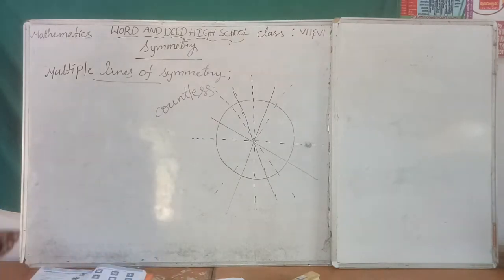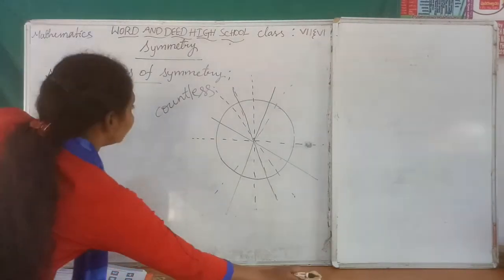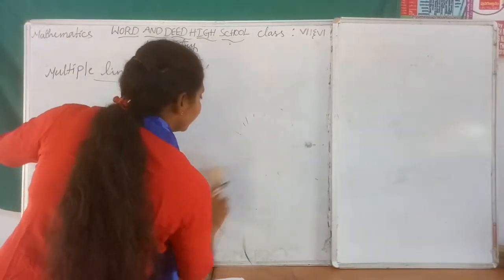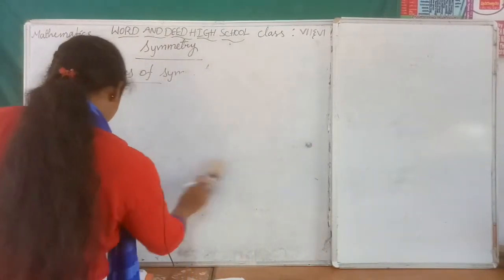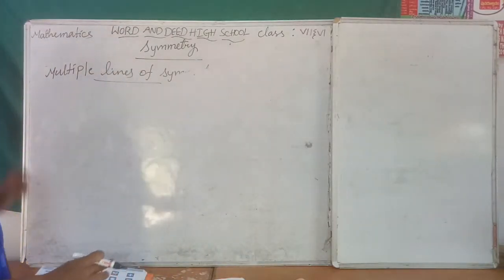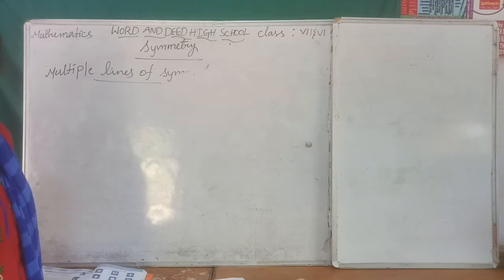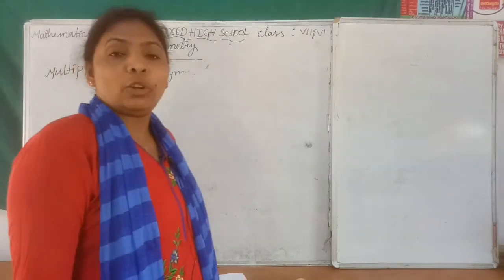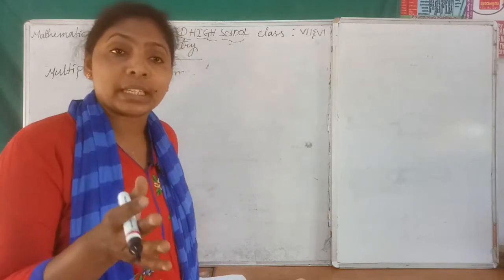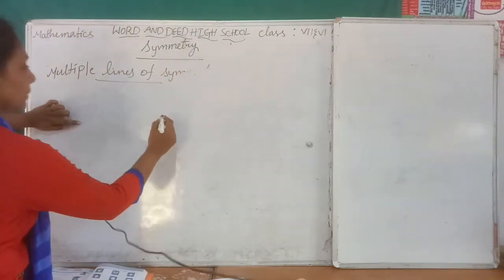Suppose, children, we can complete the figures. Suppose a dotted line they have given. A dotted line means they can give half of the picture, children. Half of the picture we can complete. See how it is.